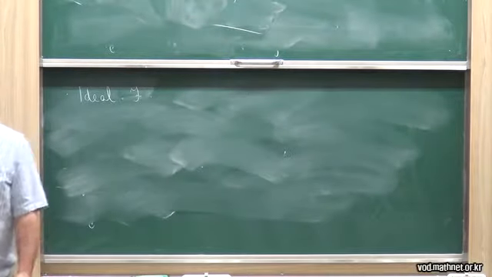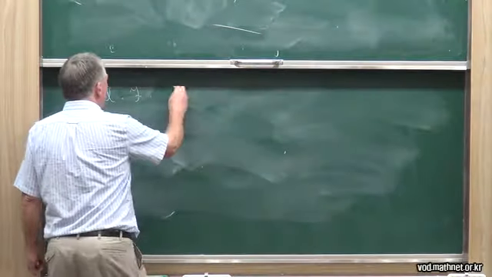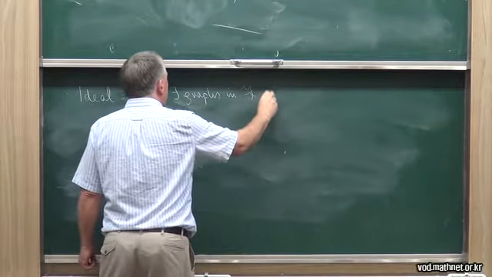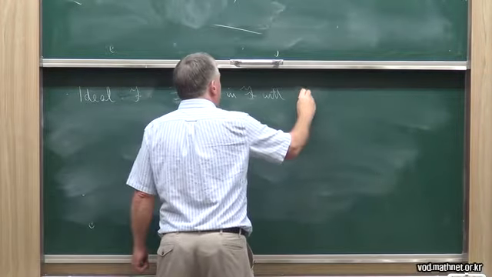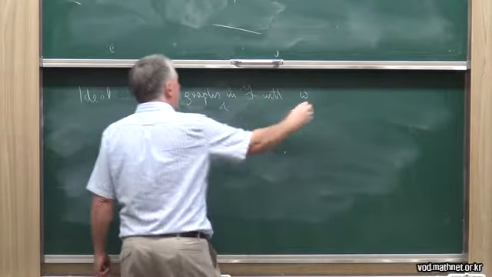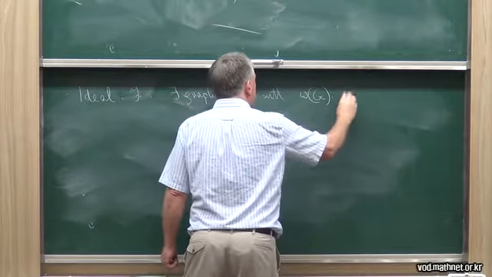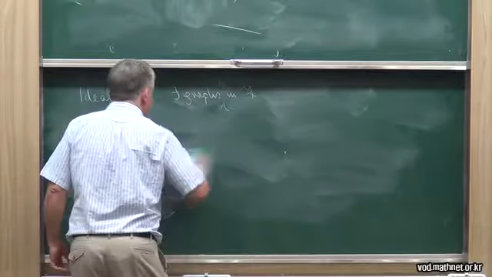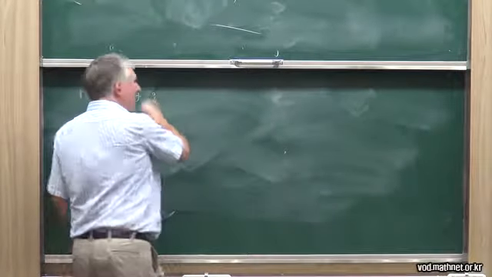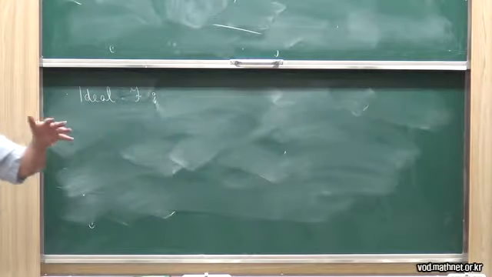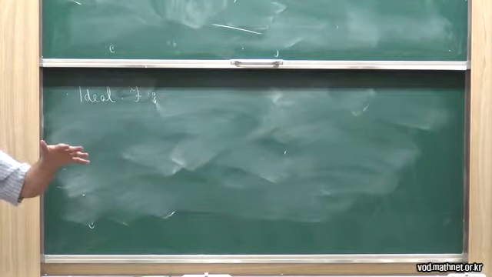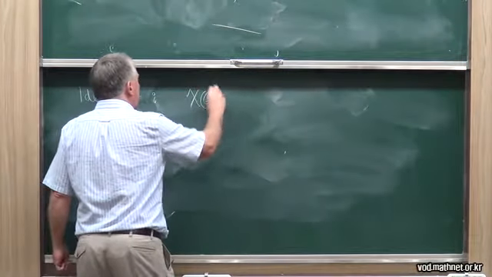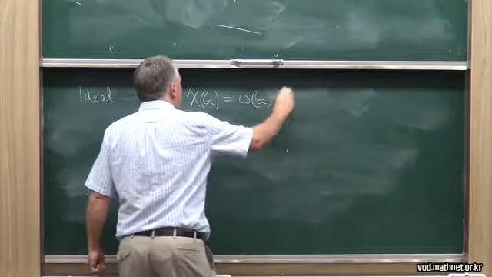The nicest thing that could happen is that, since chromatic number is always at least clique number, the chromatic number equals clique number for all graphs in the ideal.